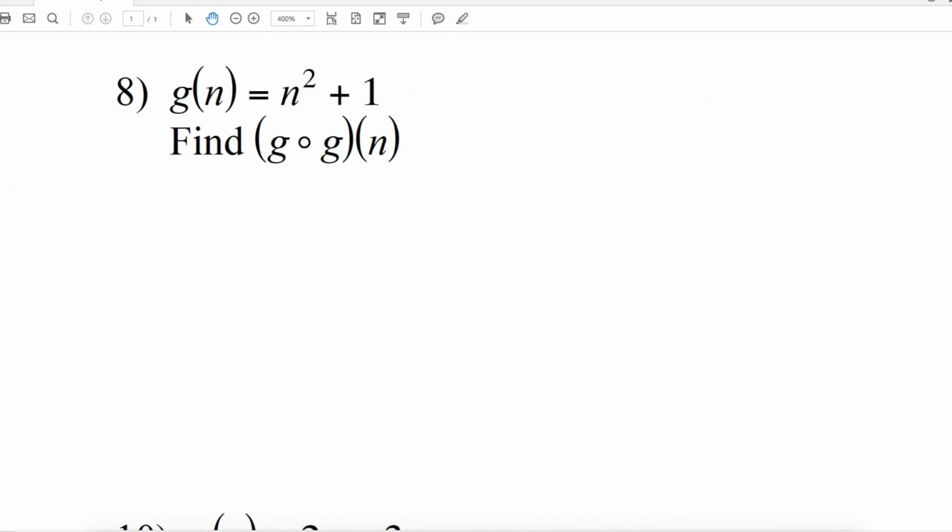Okay, now one like this can look really tricky. Again, we have our parentheses right here. And so in our g function, we're going to rewrite it. We have parentheses squared plus 1. What goes inside the parentheses? Well, inside the parentheses is g of n.